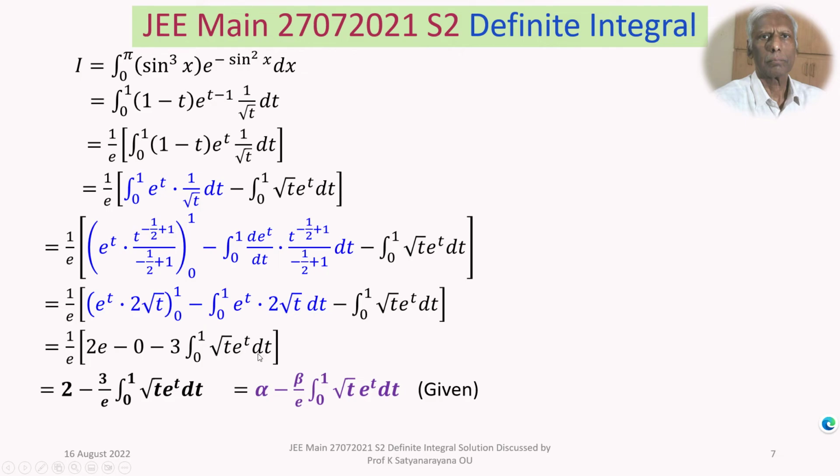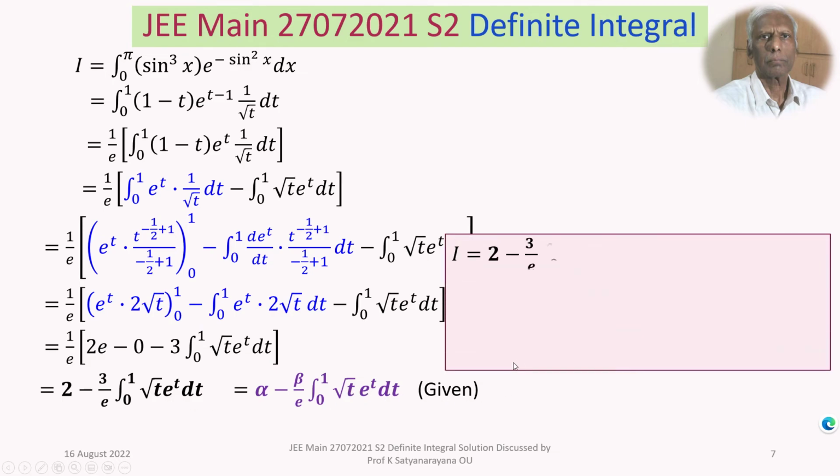Good. And this is given to be alpha minus beta by e integral 0 to 1 root t e power t dt. Now comparing the corresponding terms, you get alpha is 2 and beta is 3. So this will imply alpha is equal to 2, beta is equal to 3.